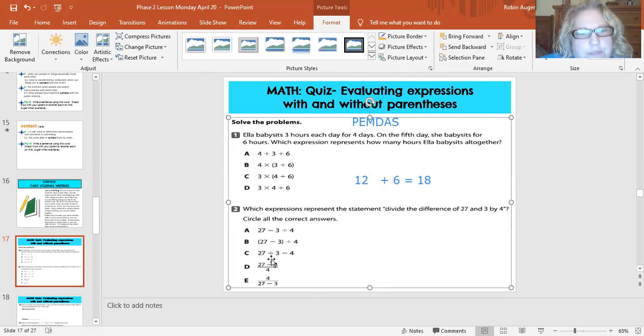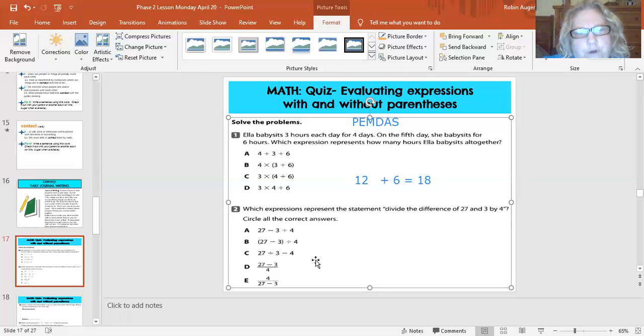Okay, now this one, this letter D here, is saying 27 subtract 3 divide by 4. That one could work. Okay. But we're looking for an expression, not a problem setup.